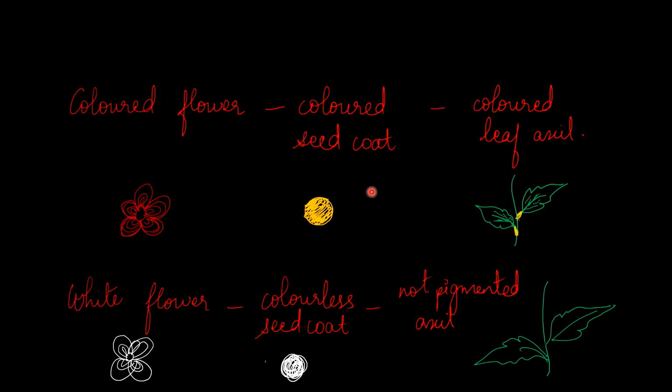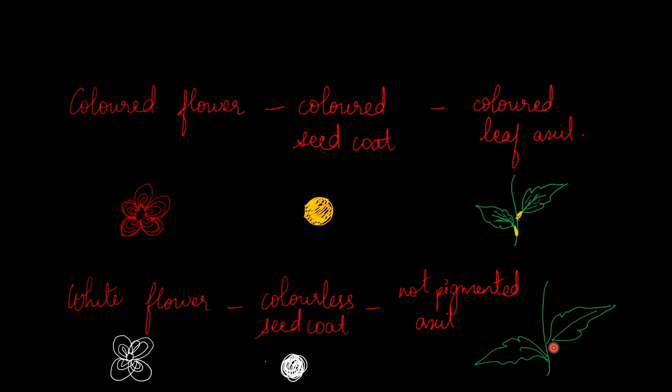So if the flower was colored, the seed coat had to be colored, and pigmentation was seen at the leaf axil. But if the flower was white, then the seed coat was not colored, there was no pigmentation there, and there was no pigmentation at the axil as well.